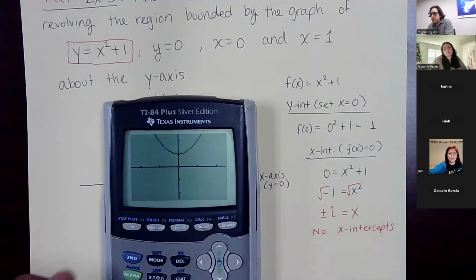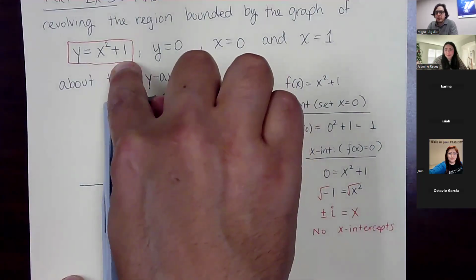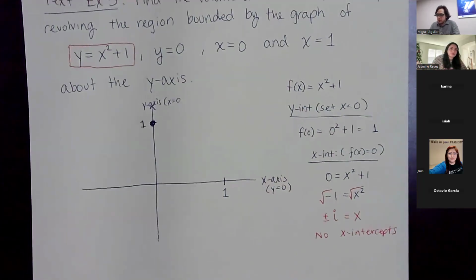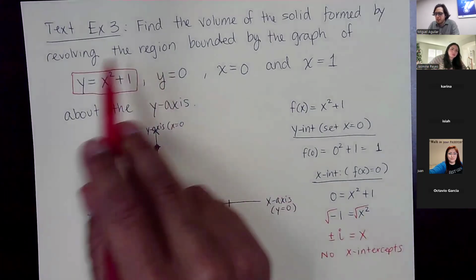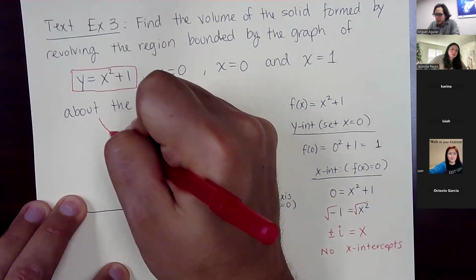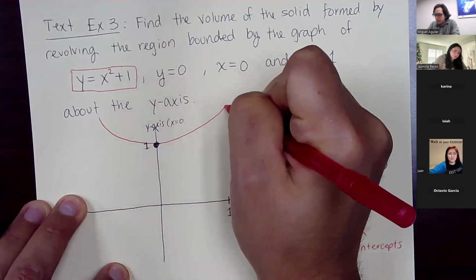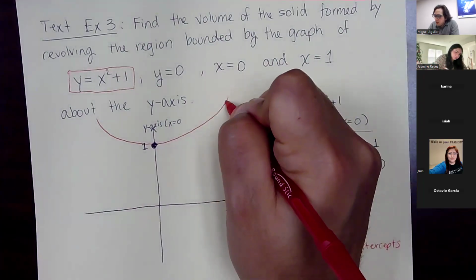That makes sense to me because this is a parabola that's just been shifted up by 1 unit. So my drawing of this graph is too close to this sort of stuff that I've drawn here, right? But it looks something like this.